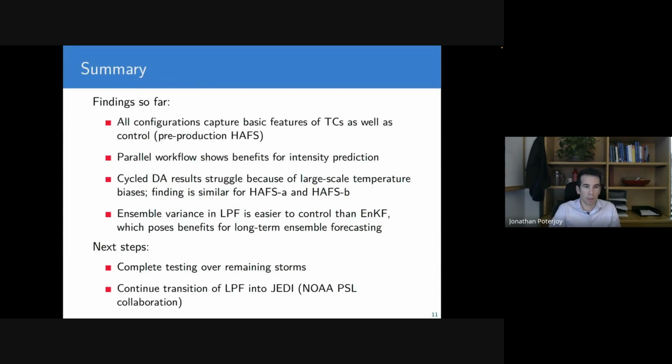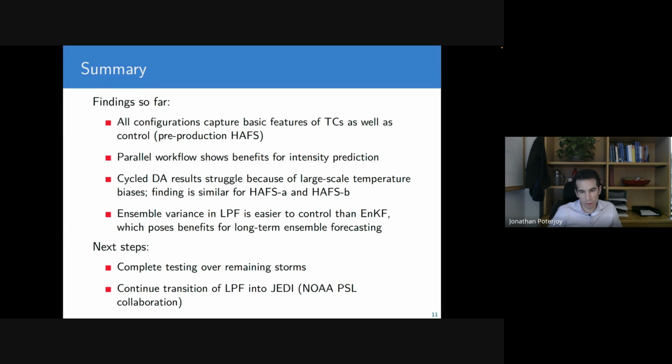And so just a quick summary. All configurations we've tested capture basic features of TCs well. I didn't go into much detail of that yet. Parallel workflow shows benefits for intensity prediction, which follows from the fact that we're introducing smaller scale covariances during the DA optimization step.